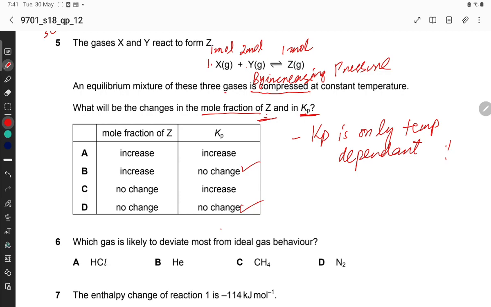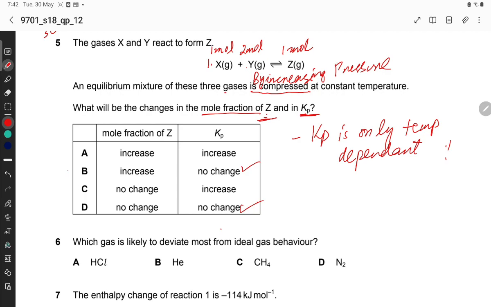At higher pressure, when the gas is compressed, the equilibrium will shift forward as there is a smaller number of moles, so the mole fraction is going to increase.